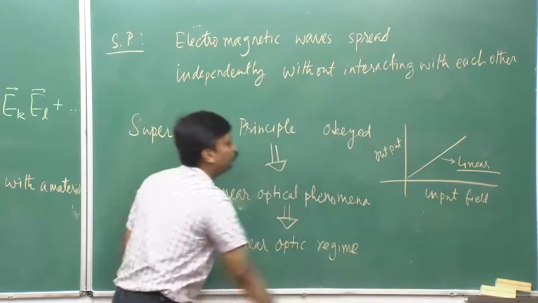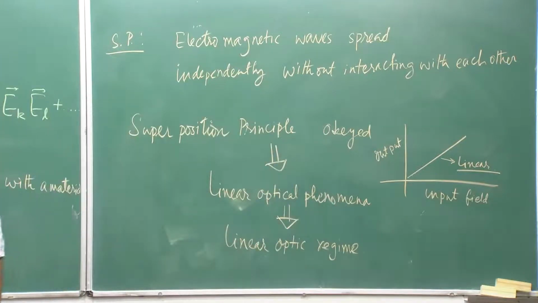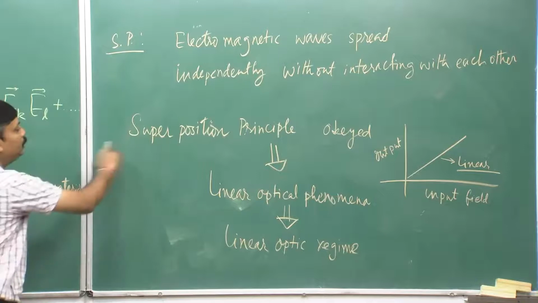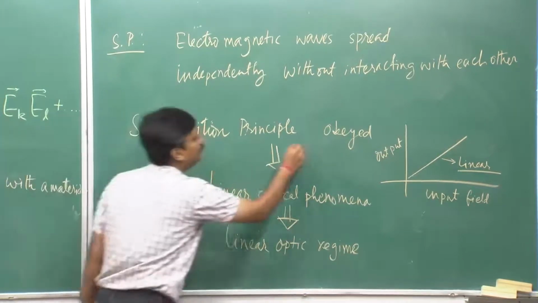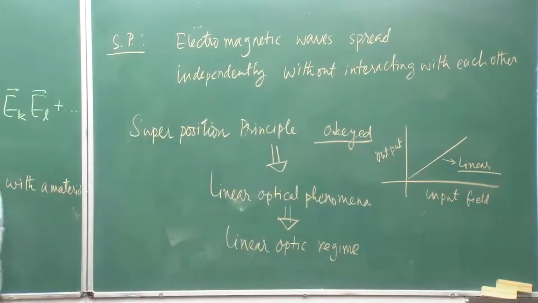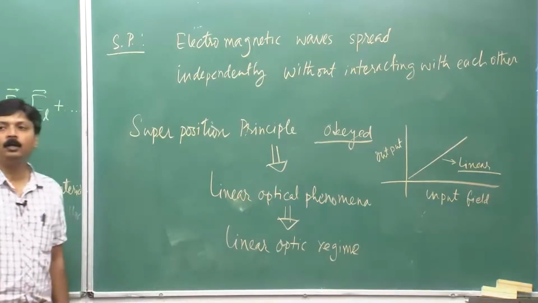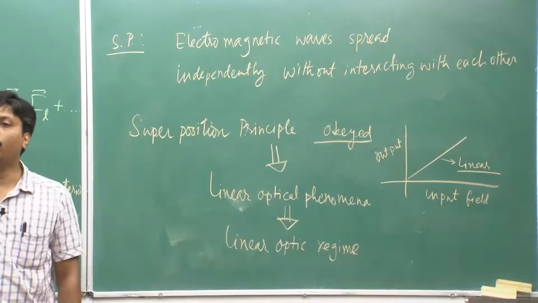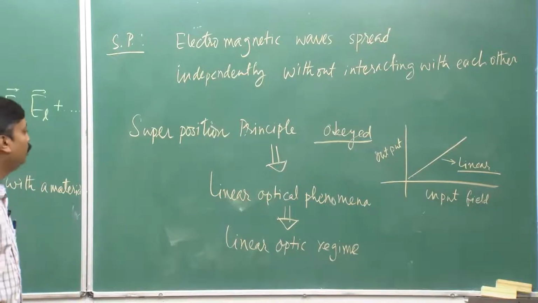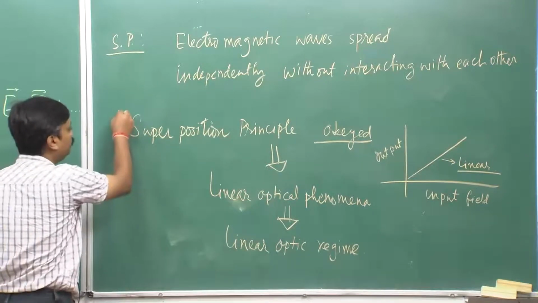Okay. So, by now you must have understood what happens when the light matter interaction does not obey the superposition principle. I have said that this is obeyed. When it does not obey, I have optical phenomena known as nonlinear optical phenomena.